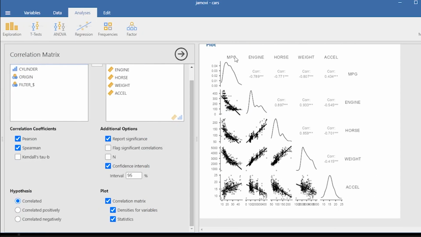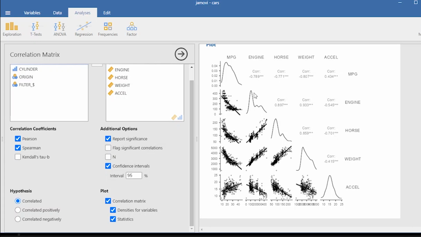This is miles per gallon against the engine, which is negative. We saw it. And if you want to look at the relation between them, it is minus 0.78. Next, we check miles per gallon against the horsepower. Again, it is negative and seems to be minus 0.70.